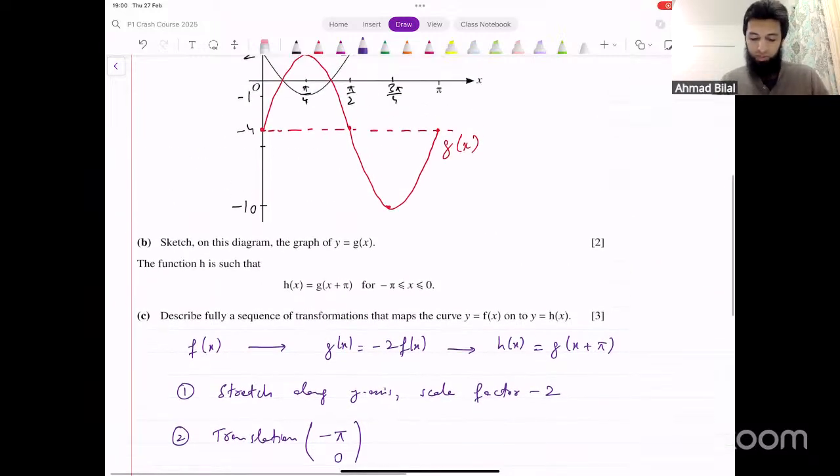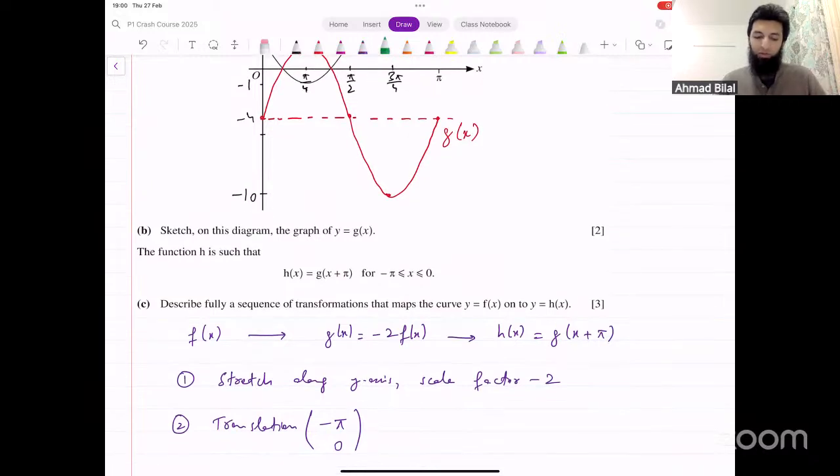These are the transformations that are being applied to go from f of x to h of x. Make sense? Any problems with this? No problems?